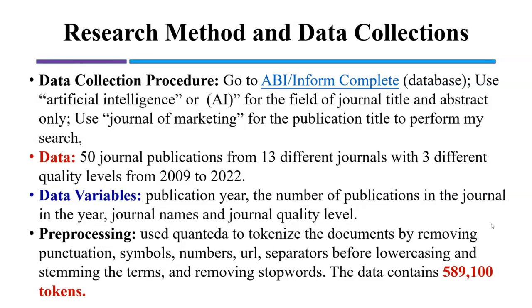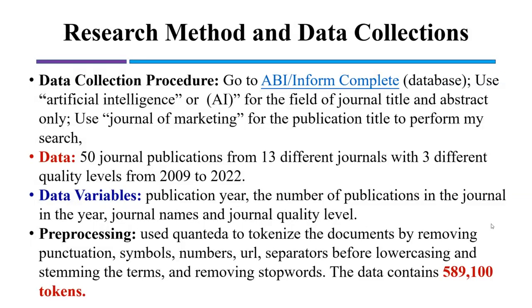The title, because there are many other ways you can do it, but I only want to explore AI or artificial, these two. And then I just choose marketing publications. I don't want to know others yet. I just want to use this as a small sample to understand.